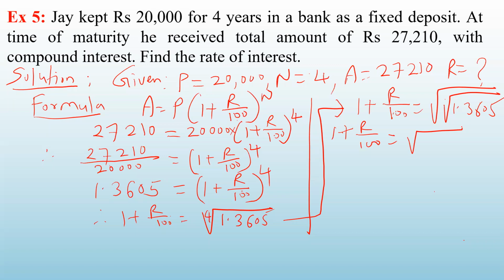So square root of 1.3605 is equal to 1.166404735. Again, you have to take the square root of this number.